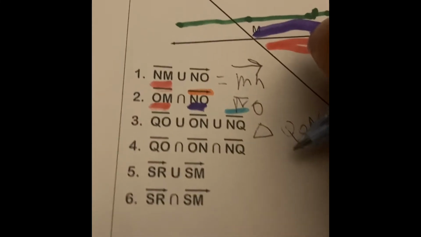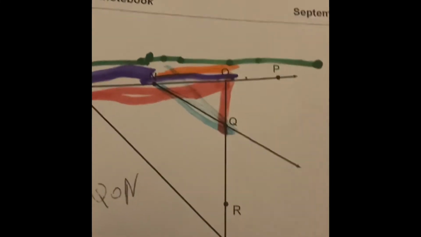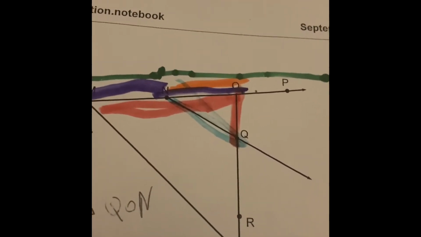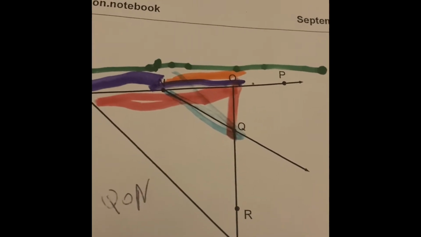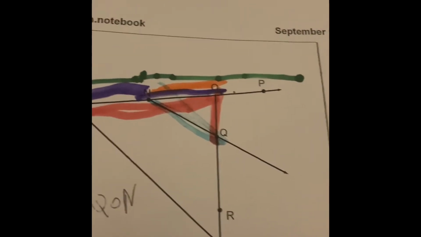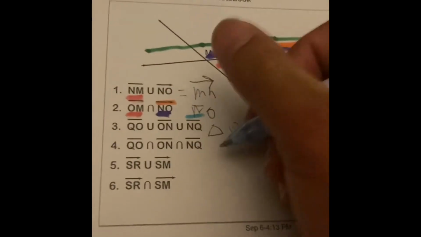With intersection in this scenario, intersection means that all the lines have to be crossing each other. But the problem is, line OQ is not intersecting with all the lines there. Therefore, there's no solution.